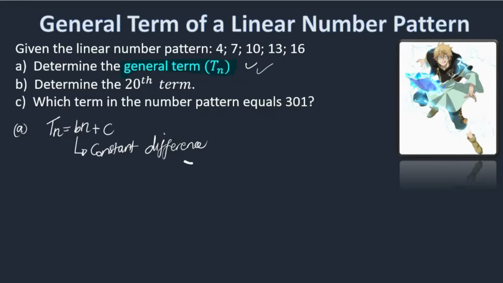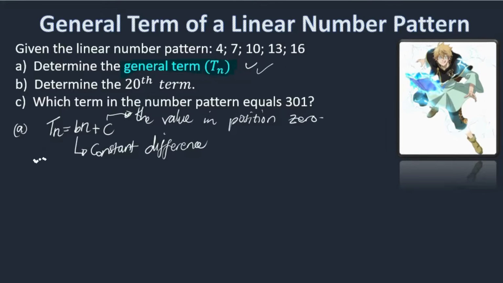Remember what we said about the constant difference in the previous slide, right? So that's what we have here. And then this is the value in position 0. If you know the value in position 1, then you can know that C is the value in position 0, basically.